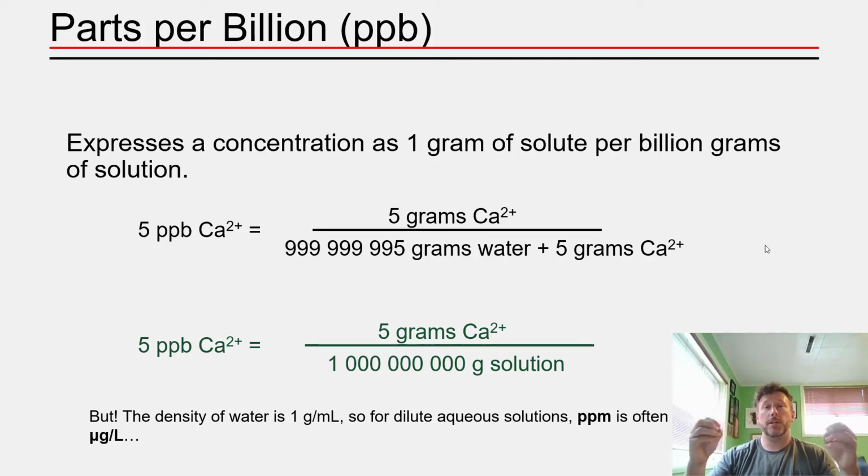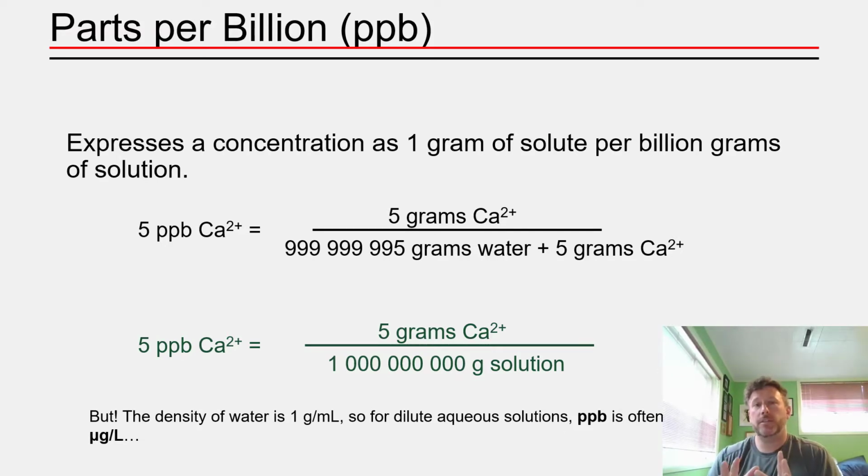So parts per million is used to measure analyte concentration in very dilute solutions. Parts per billion is used to measure analyte concentration in even more dilute solutions, what we would consider to be trace or ultra-trace amounts of the analyte. And once again, we're going to see that there's an alternative way of expressing the units associated with a parts per billion measurement based on the density of water.